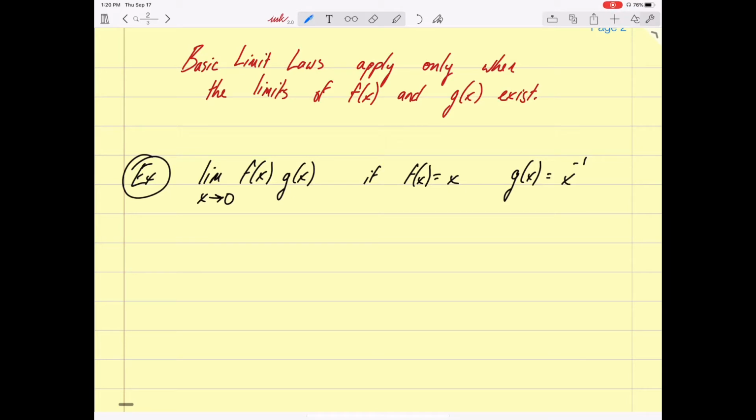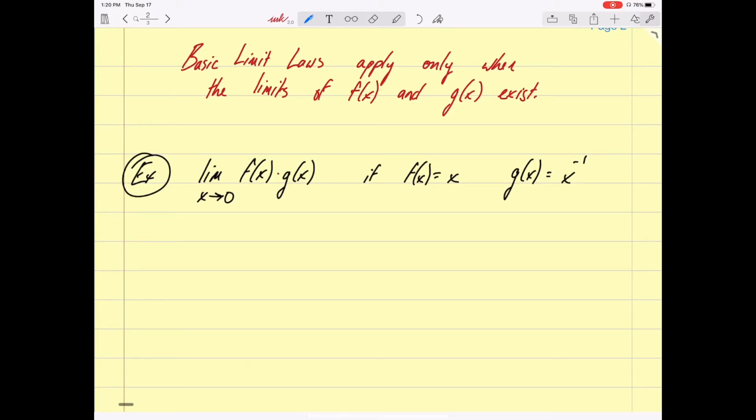For the first one, we have the limit of f of x times g of x, if f of x is equal to x and g of x is equal to x to the negative 1. Without writing out too much here, we know that f of x is x.